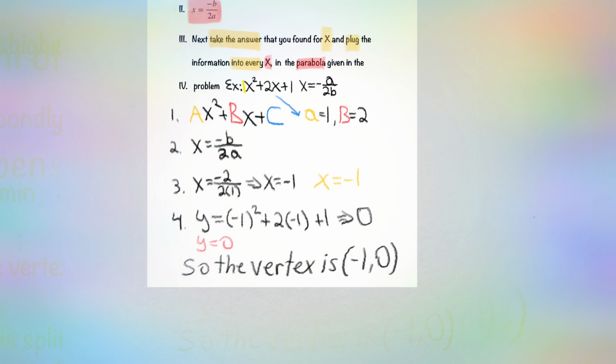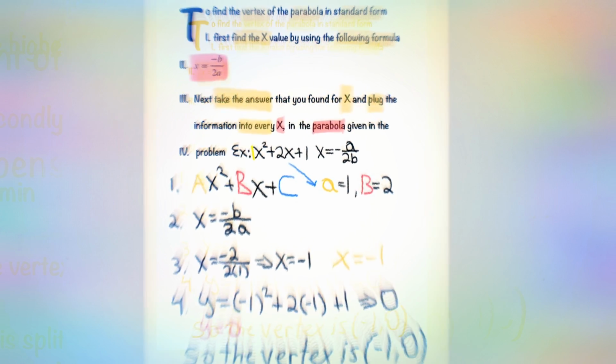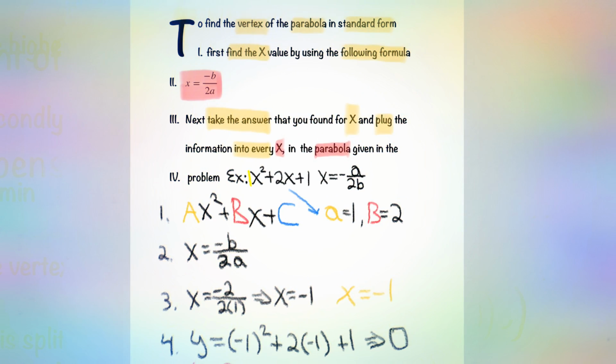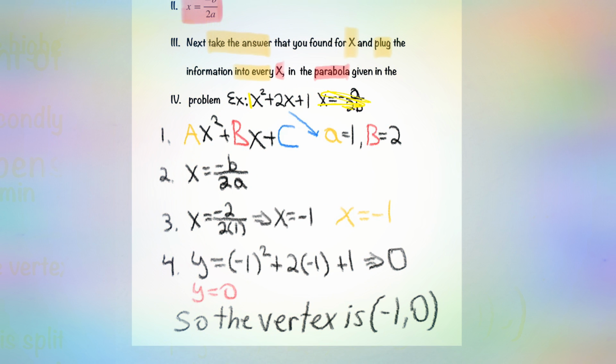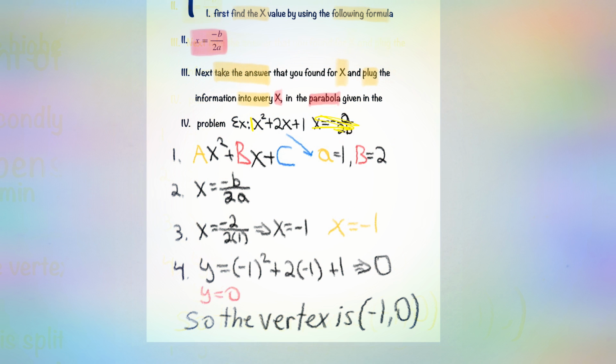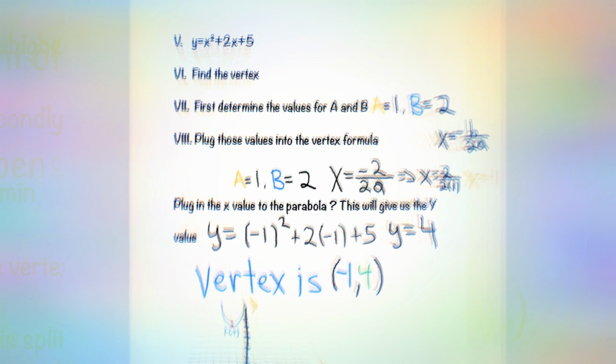Let's go on. I think I might have x equals negative b divided by 2a. Okay, so yeah, I messed this formula up here. It's x equals negative b divided by 2a. So we're actually going to skip past this one because that's wrong. Okay, so let's try this one.